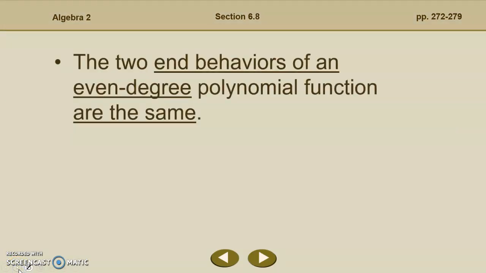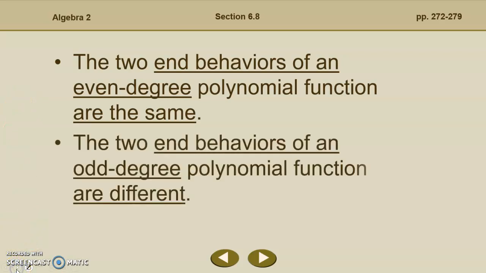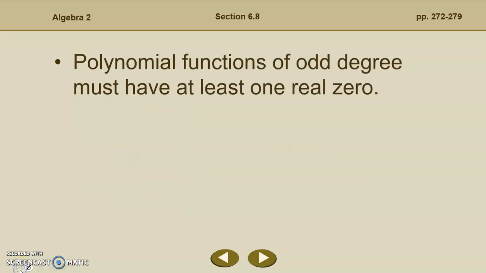All right, so that end behavior is important in graphing our function. Just as a quick reminder, I've already said it, but here it is again. The two end behaviors of an even degree polynomial are the same. So they're either both up or both down if it's an even degree. And the two end behaviors of an odd degree are different. One's up and one goes down, and that depends on that leading coefficient.